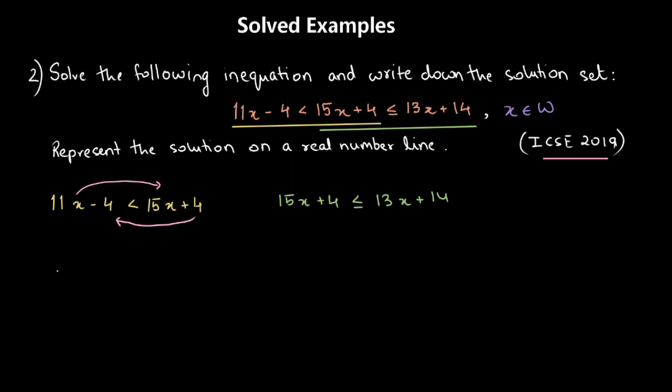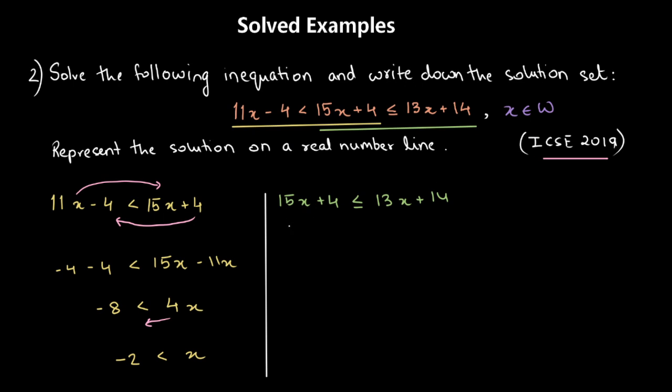So I have minus 4 minus 4 less than 15x minus 11x, right? So minus 8 less than 4x. Now take the 4 to the other side, multiplication becomes division, so I get minus 8 upon 4, which is minus 2 less than x. That's it for the first inequation.